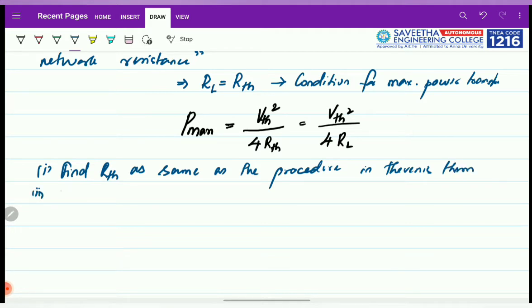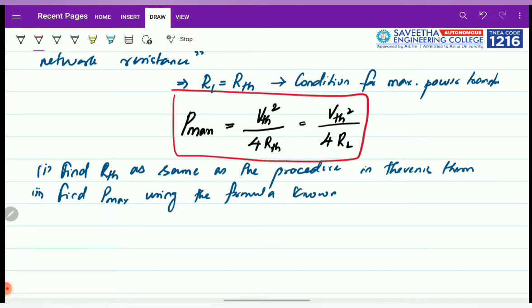The second one is to find the maximum power using the formula known. So you should know this formula and the condition.